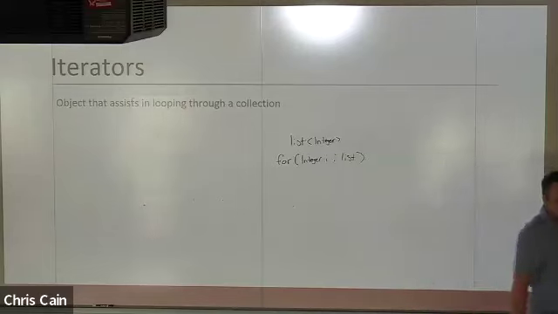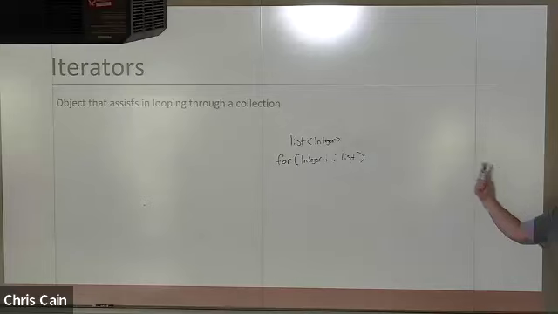I urge you to go try to do that and see the kinds of mistakes that you'll run across, the kinds of exceptions that will be thrown that you don't necessarily expect to be there. And that's because you're modifying the list as you're going through it. That creates problems. So an iterator is the kind of object that you will use to get around those problems.